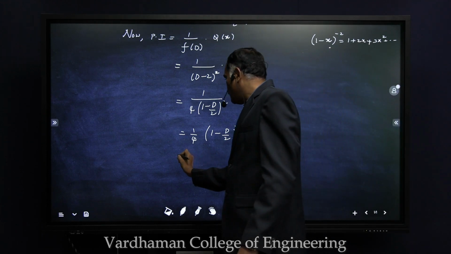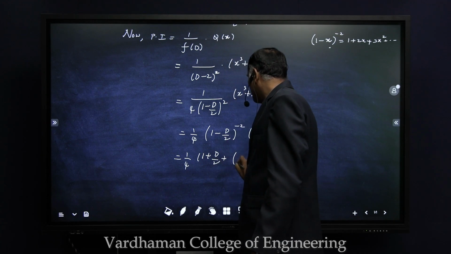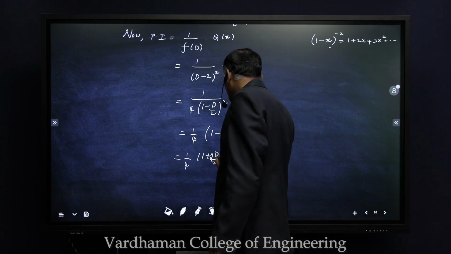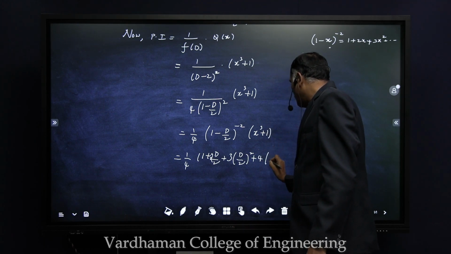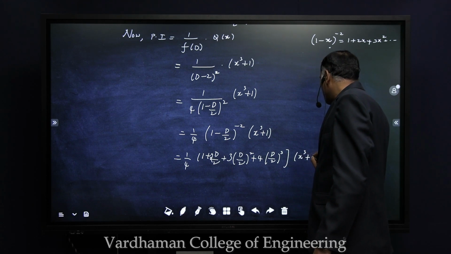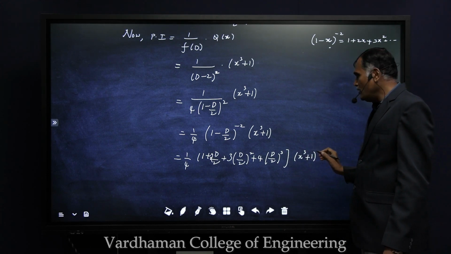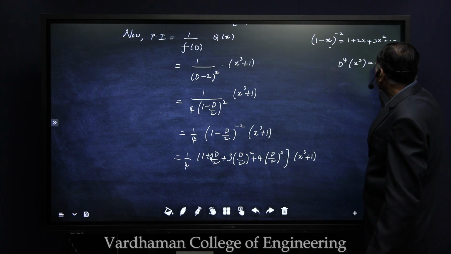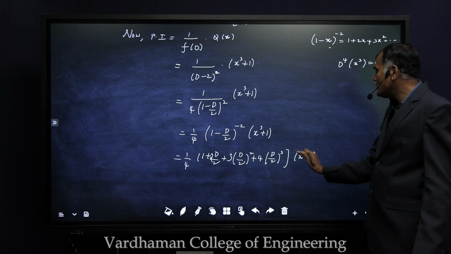So this can be written as 1 by 4 times [1 plus 2 into (D by 2) plus 3 into (D by 2) square plus 4 into (D by 2) cube]. We can write up to this term because it is a polynomial of degree 3. The derivative D power 4 of x cube is 0, so we can neglect all the higher terms.